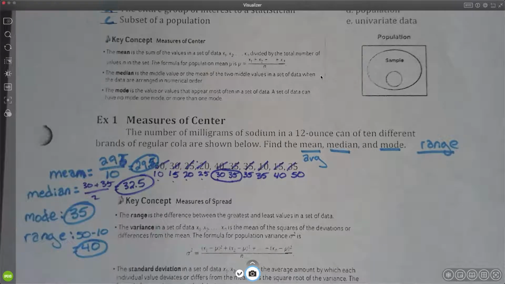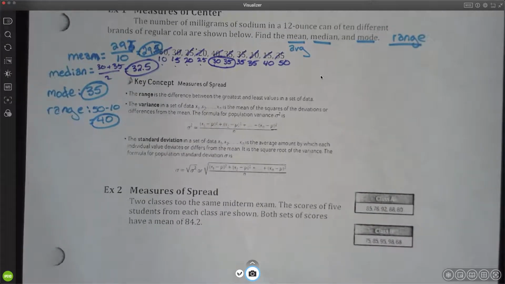Okay, good? Yes? Okay, now, that is stuff that you have all done before. Now I'm getting to the part where you have not done these before, okay? This stuff that you've not done before is all called standard deviation stuff, okay? Now there's a big long formula to standard deviation, which is really disgusting. And even if I teach it to you tomorrow, you're going to come back and you're not going to know how to do it. And that's fine. I don't expect you to know how to do it.